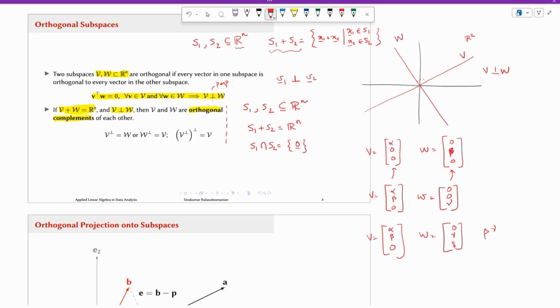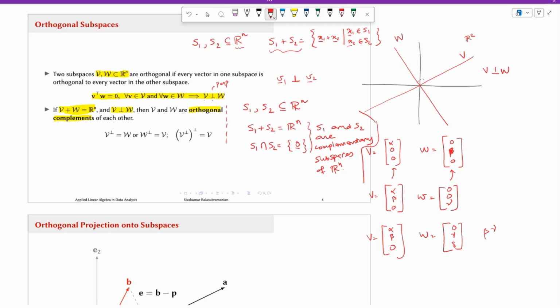If these two conditions are satisfied, then we say S1 and S2 are complementary subspaces of Rn, which basically means the two subspaces have nothing in common, and together they'll form all of Rn.